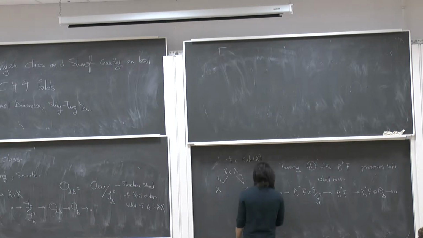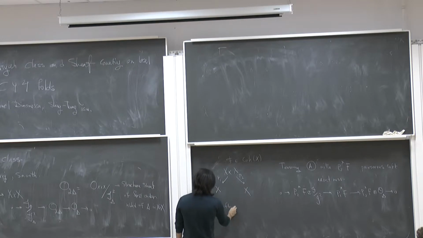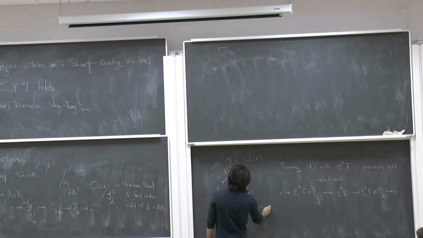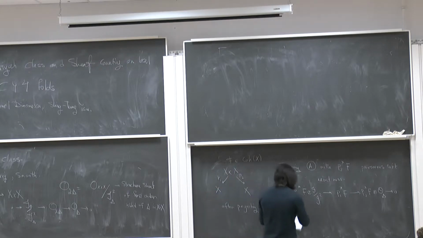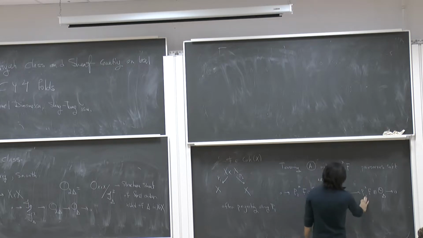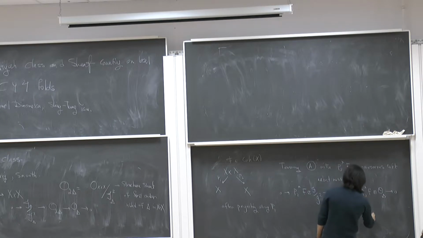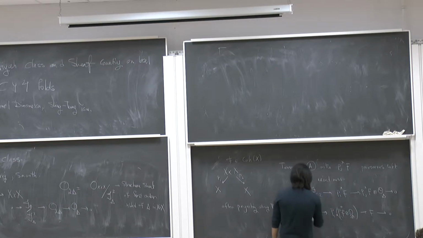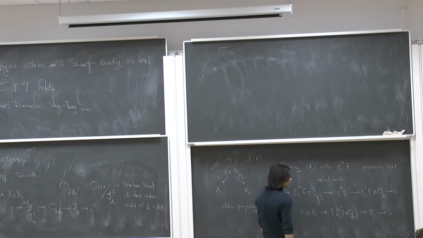After projecting along P1, because F is supported on the diagonal, the projection of the pullback will just give you F back. Here you will have P1 lower star of P2 upper star of F times O of 2 delta. And here you will have F times the sheaf of first order differentials of the diagonal.